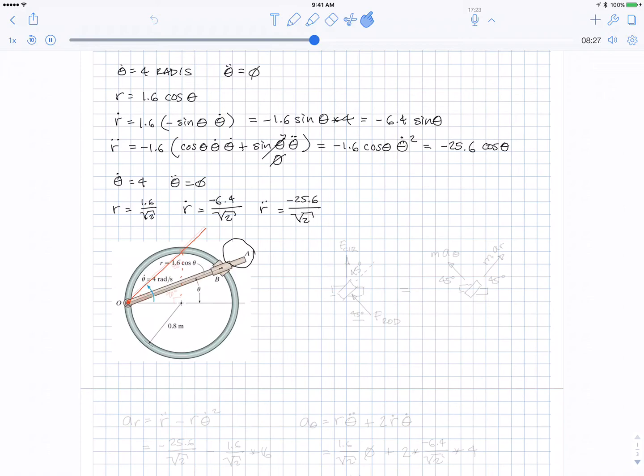If you come out from the diameter at 45 degrees, you'll be right at the top of the circle. So if that's 45 degrees, that will be 45 degrees, and that will be 90 degrees. So that really, really simplifies things.